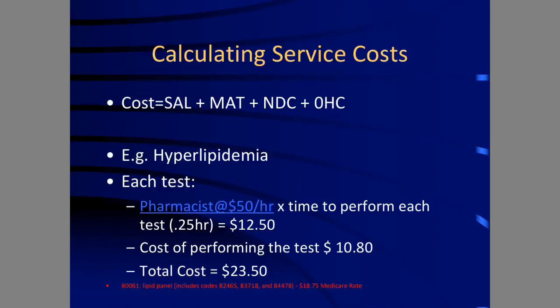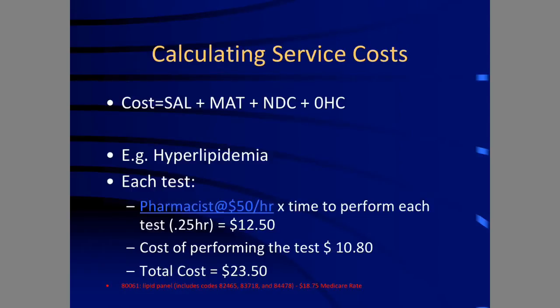So for example, if I was doing a hyperlipidemia program, and say in this program we are going to do a test, and say that to perform the test, just the test kit alone costs $12.50. If I had a pharmacist doing this, and I was paying a pharmacist $50 an hour, the cost of the pharmacist's time, I'm sorry, I flipped that, is $10.80.